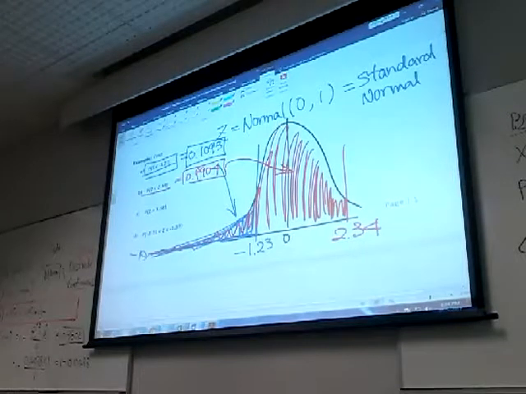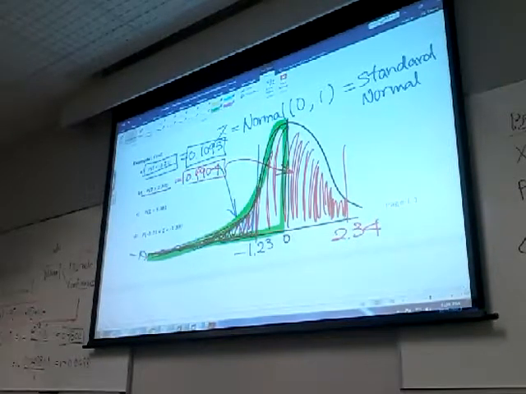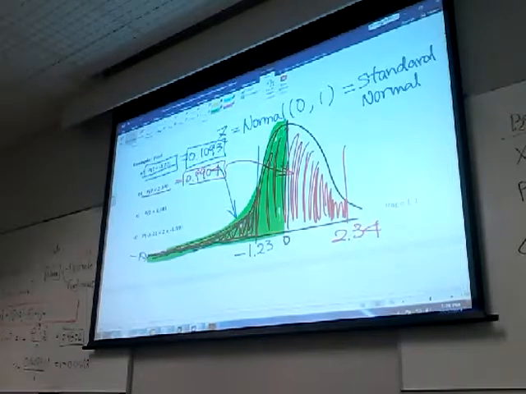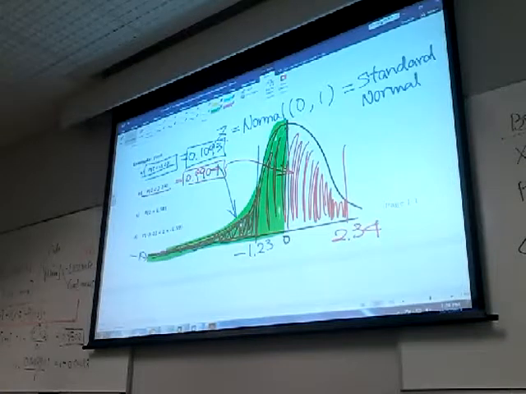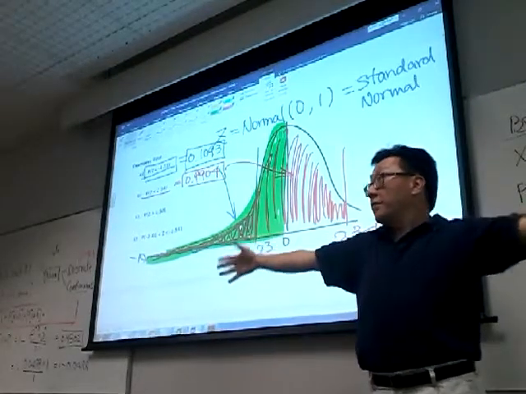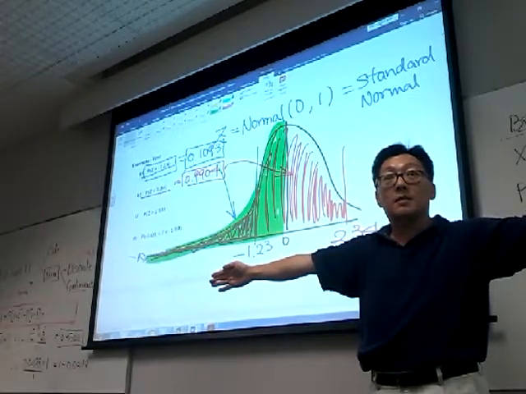Okay, let me ask you. How much is the probability there? 50%? Why? Because half. The whole area from negative infinity up to positive infinity is 100% exactly.